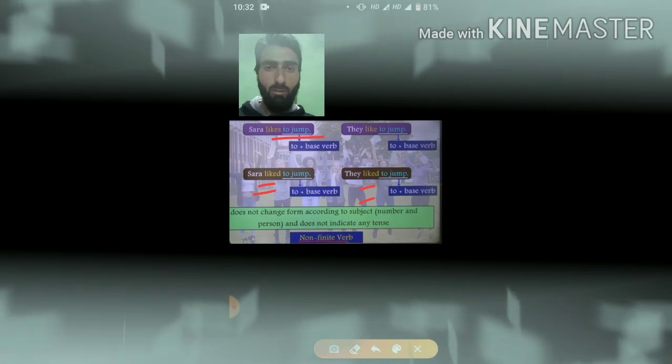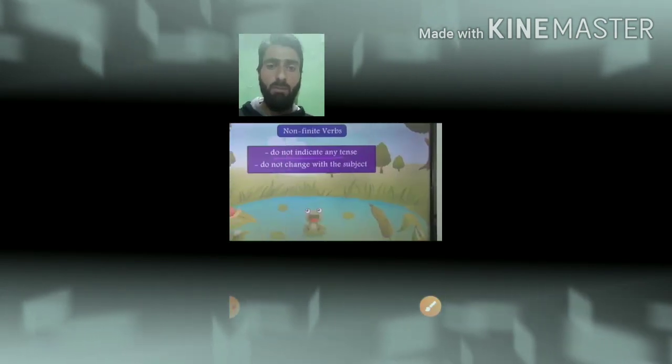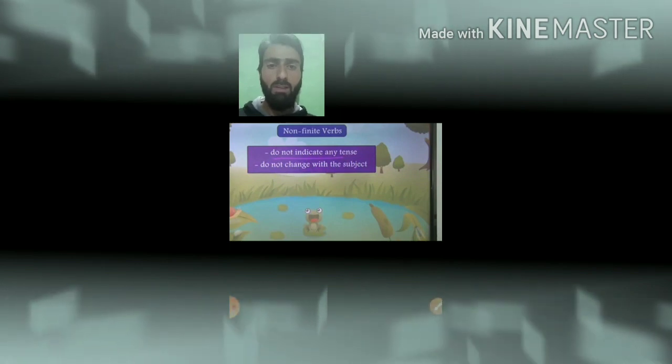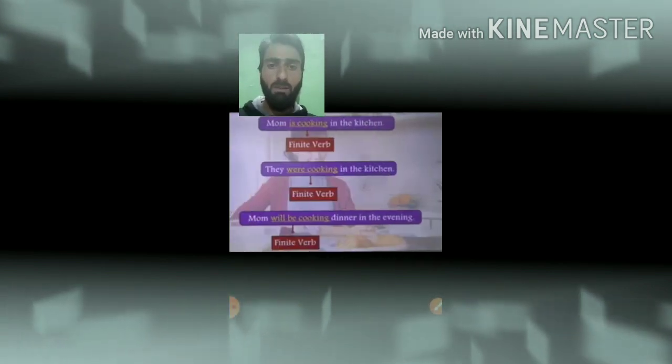So those verbs which do not change with the change in the subject or with the change in the tense of the sentence, we call such verbs non-finite verbs. And non-finite verbs do not indicate any tense, they do not change with the change in the subject.